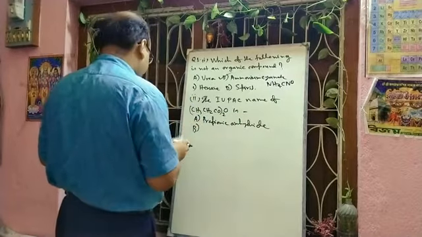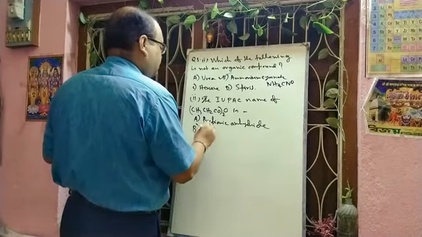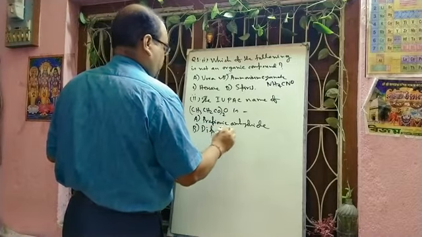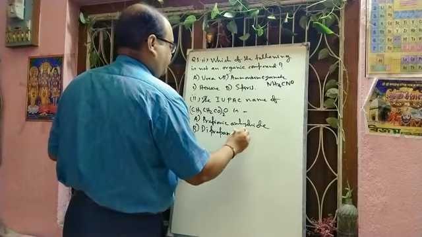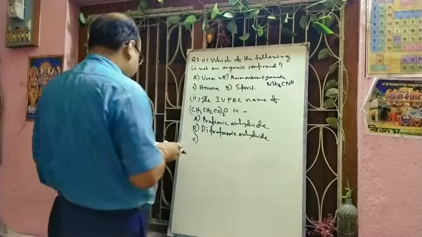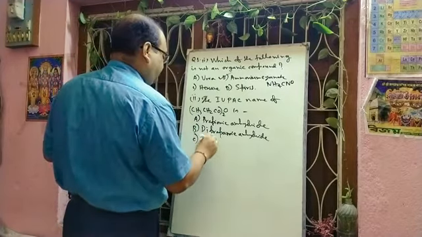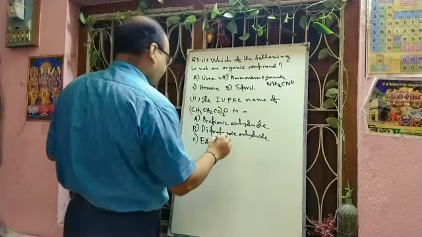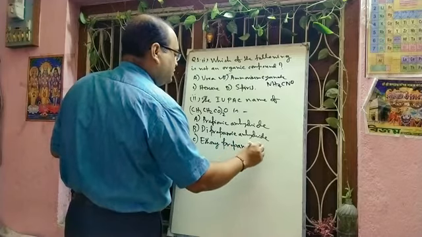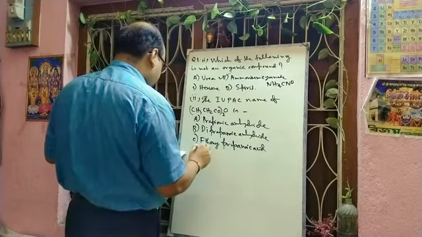Option B, dipropanoic anhydride. Option C, ethoxypropanoic acid. And option D is propanoic anhydride.